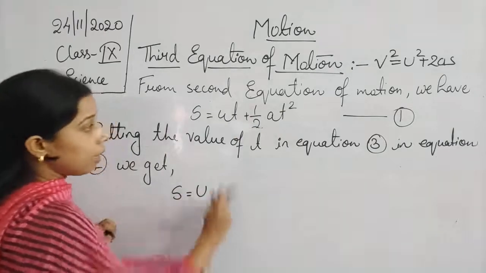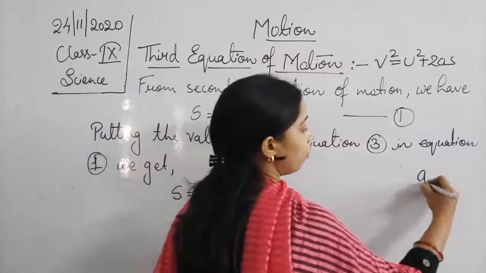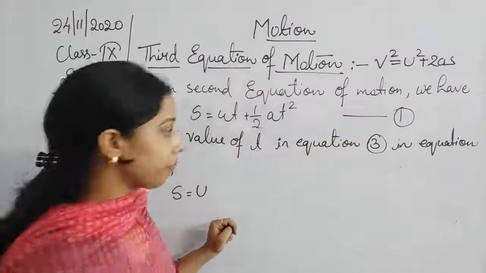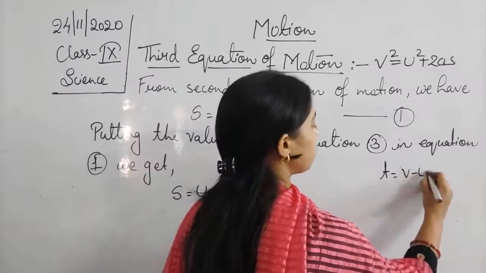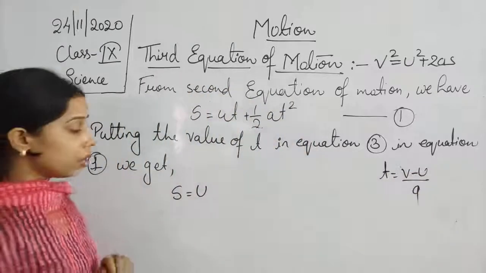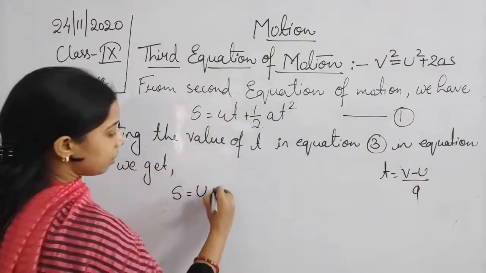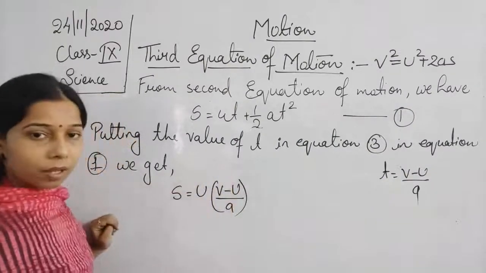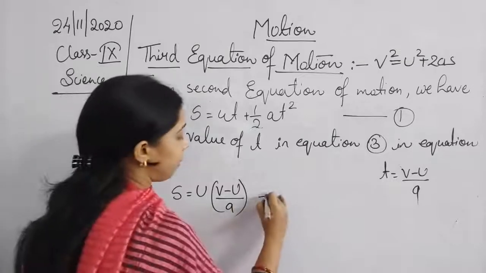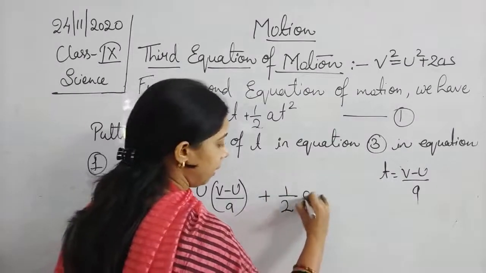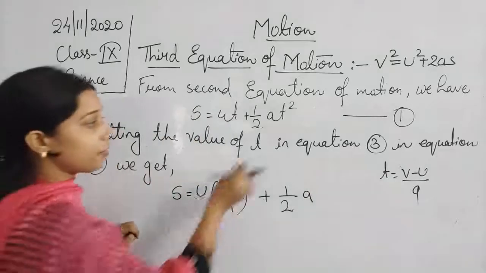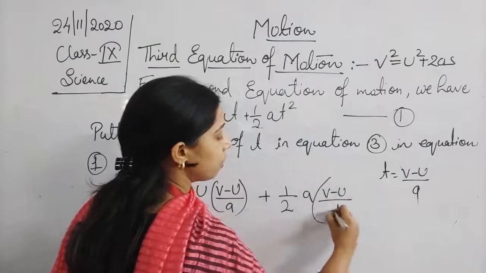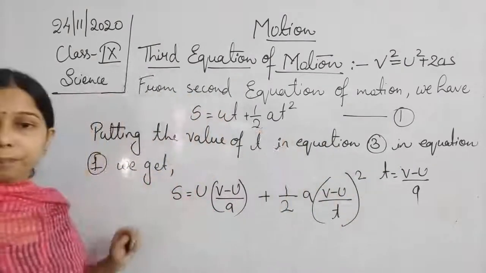So u is there, and the value of t was (v minus u) upon a. I am writing the t value here itself. So the value of t is (v minus u) upon a. Here we will write u times (v minus u) upon a, plus half a, and after that t squared, so we write (v minus u) upon a, whole squared.